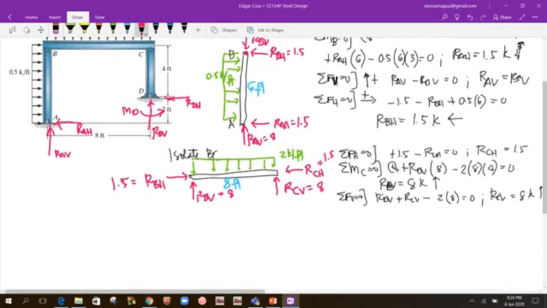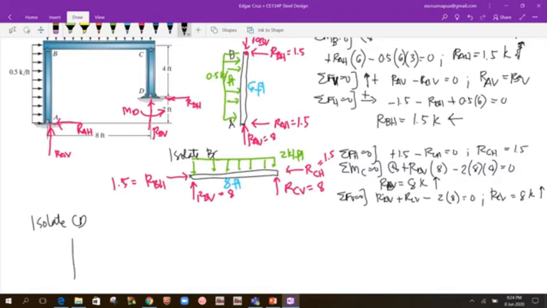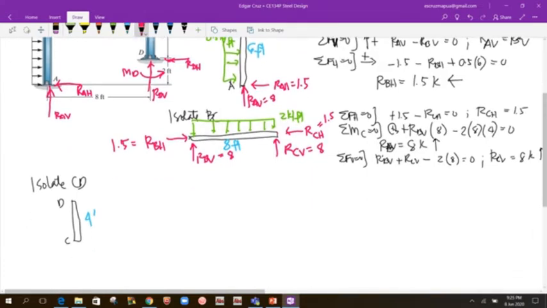Okay, next is to isolate CD. For isolate CD, so this is C and this is D. Okay, so this is 4 feet. Tapos wala naman load, no? So walang load. Meron lang dito RDV.